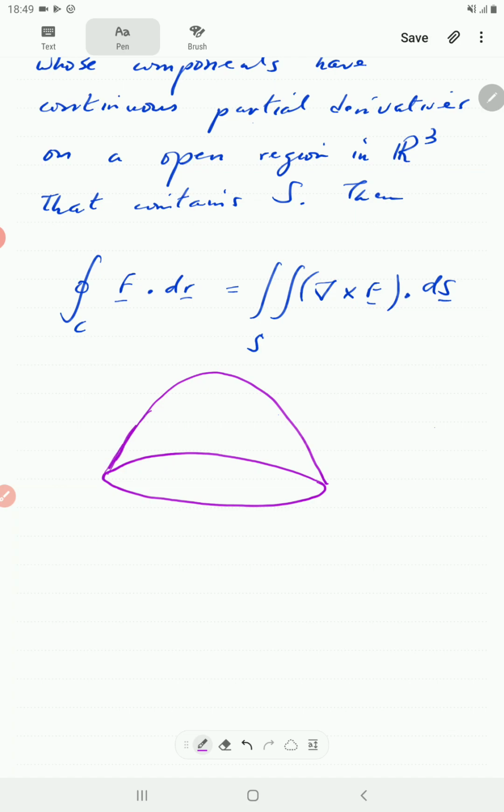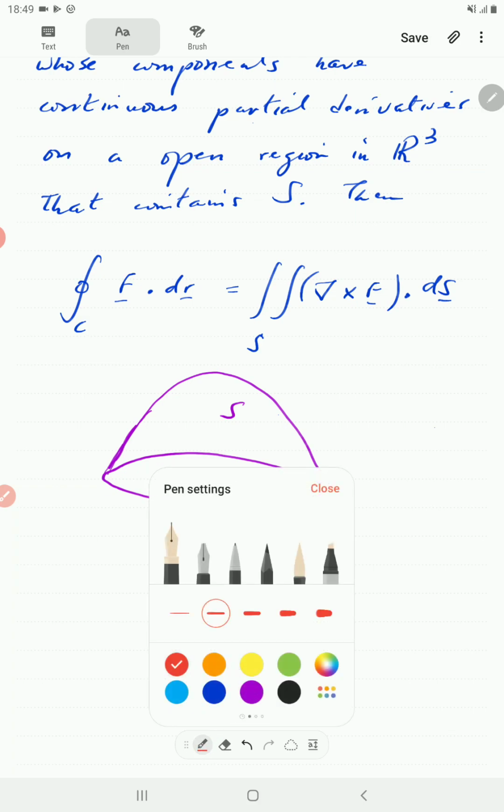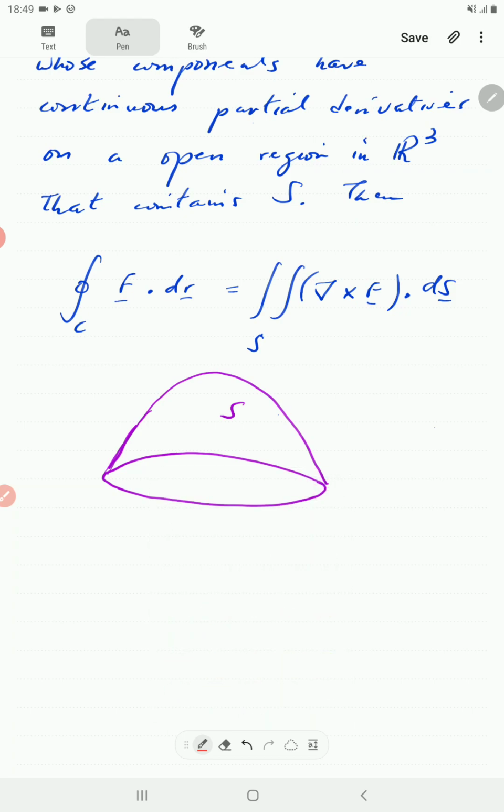This is our surface here, and its edge is going to be the contour C. Again, as we traverse along this, we want the surface to be on our left hand side.